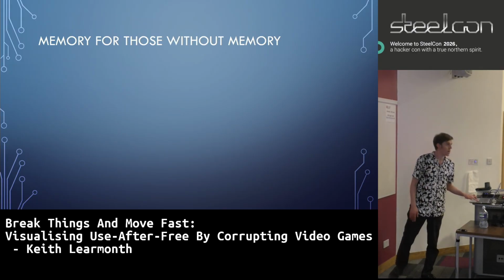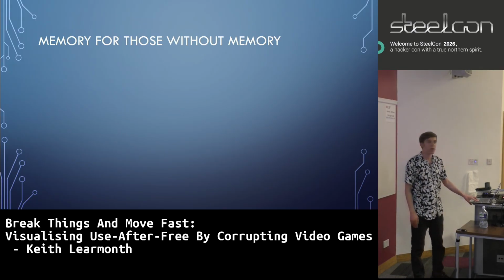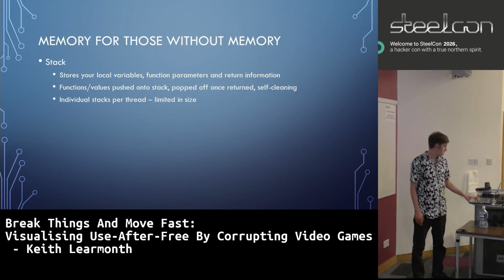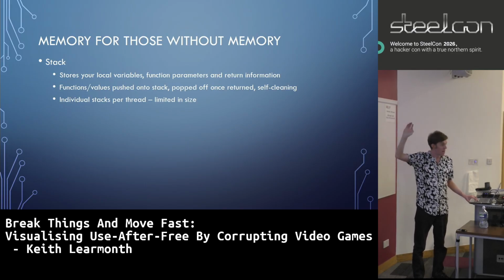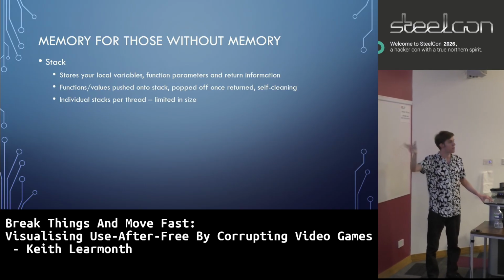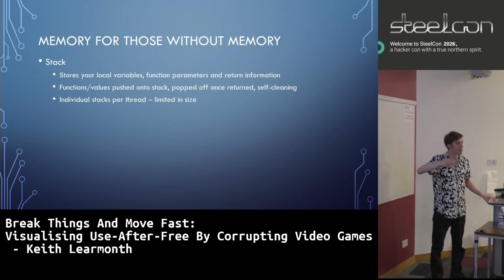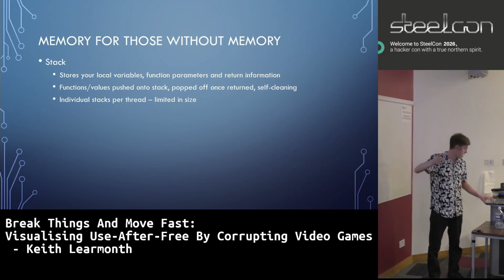So, run quickly through memory and the types of memory. You've got your stack and your heap. The stack is smaller individual stacks per thread on your computer. They're used for storing local variables and the functions that are running, and then the return information of where it needs to go back to after your function.